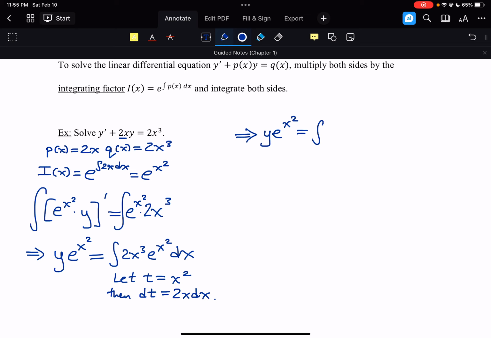This is an x cubed, but 2x of it gets covered by the dt. This x squared gets covered by t, and there's still an x squared left in here to get covered by t. So this becomes t e to the t dt by doing that substitution.